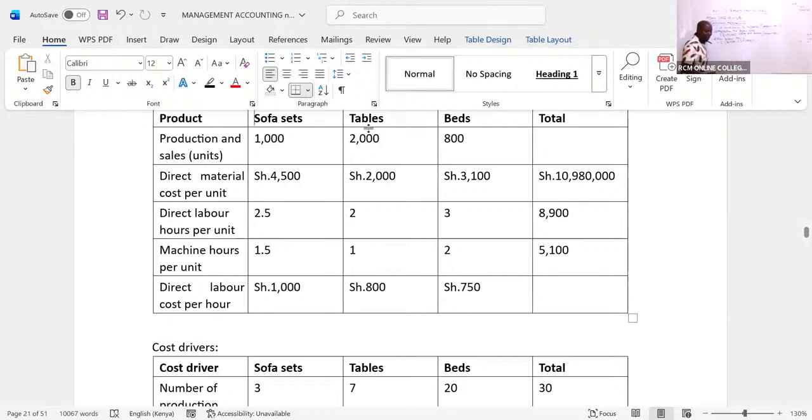I can see some other labor hours going to beds. Direct labor hours are 2.5, 2, and 3, isn't it? Sorry for that. So 3 times the number of beds being produced, which is 800.